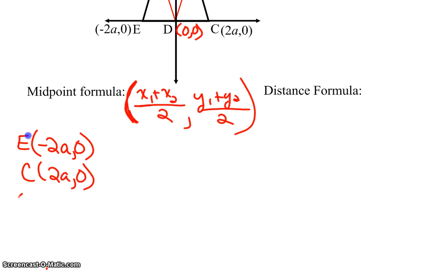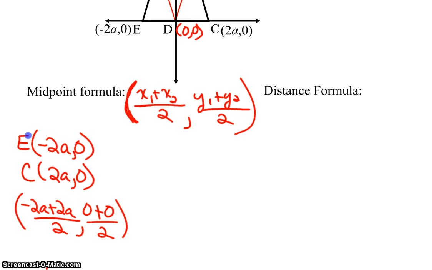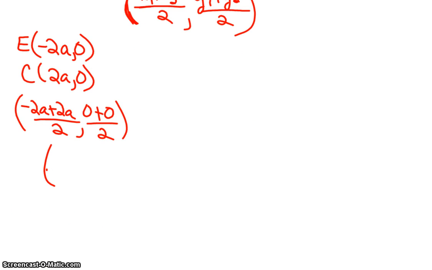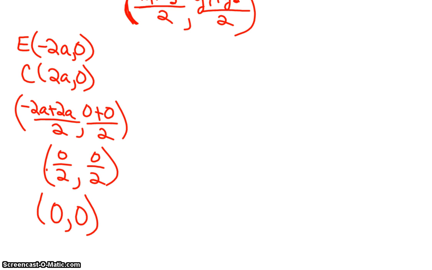I would do (-2a plus 2a) divided by 2, and (0 plus 0) divided by 2. That gives me 0 over 2 and 0 over 2, and 0 divided by anything is 0. Therefore, point D happened to be at (0, 0).